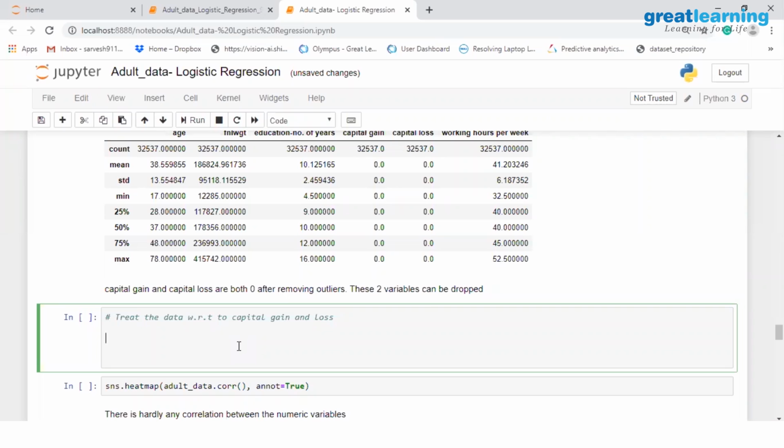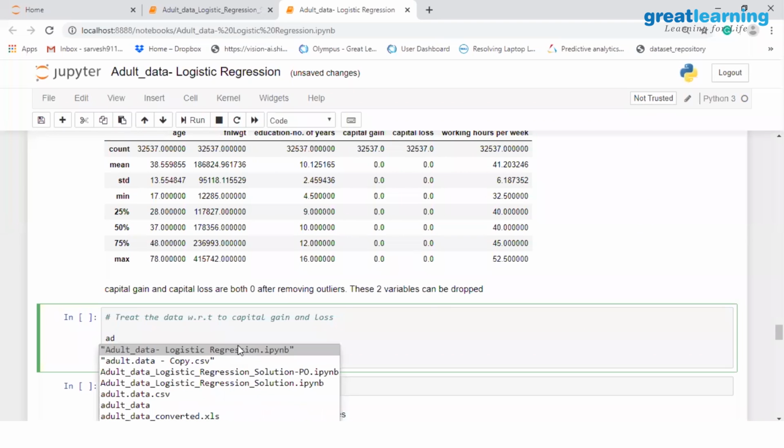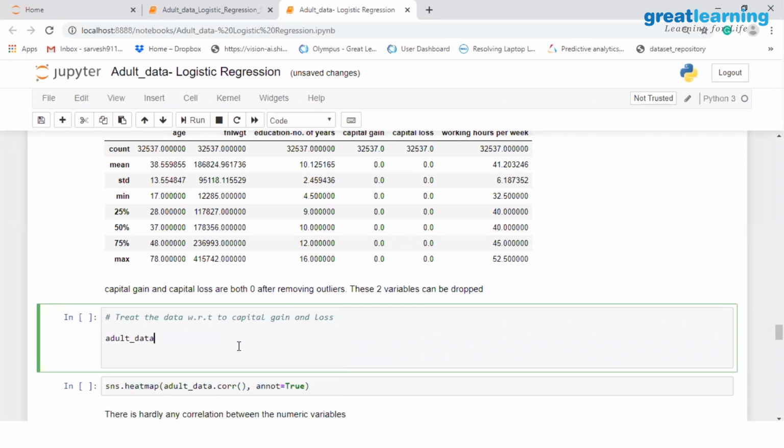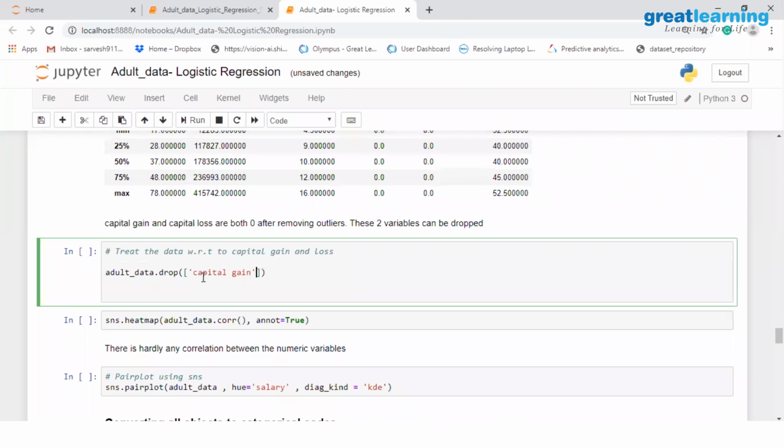All right. So to drop the variable, adult data dot drop. So how do we drop it? I have to use capital gain, capital loss, right?